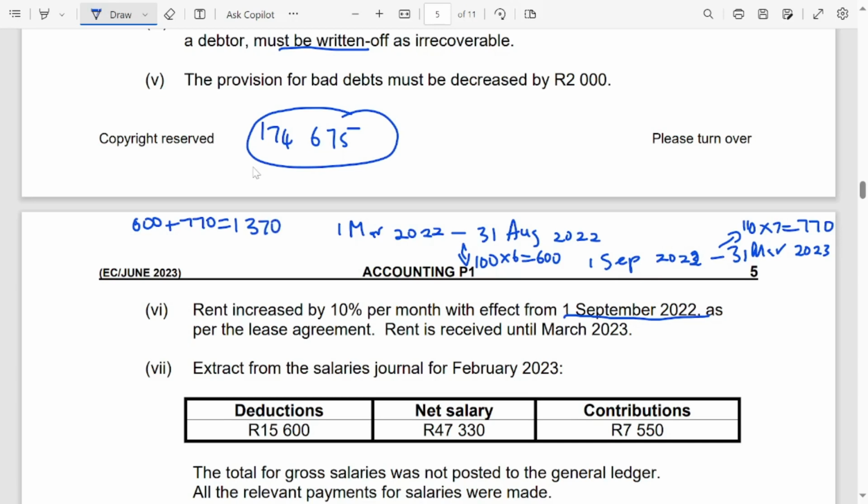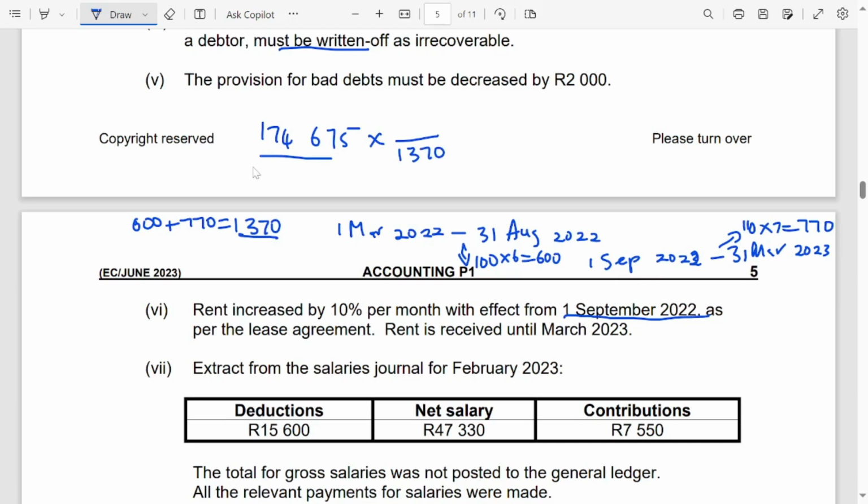So we're going to say 174,675 multiplied by... Below we are going to put what we have. What we have is a rent of 13 months, so the percentage of 13 months is 1,370.